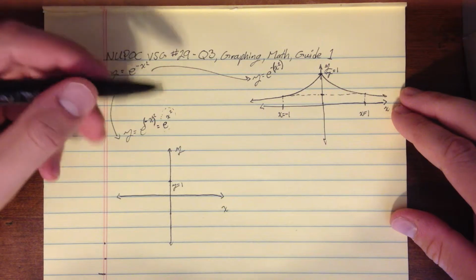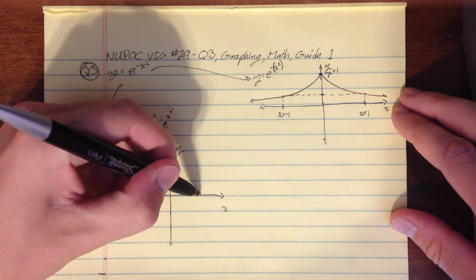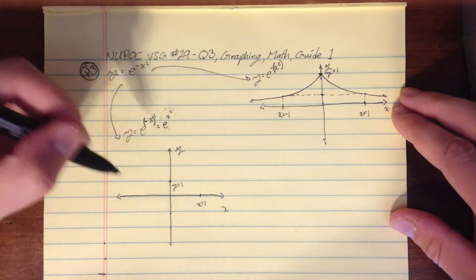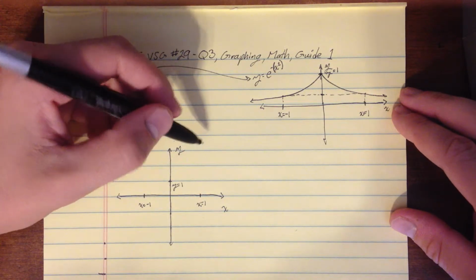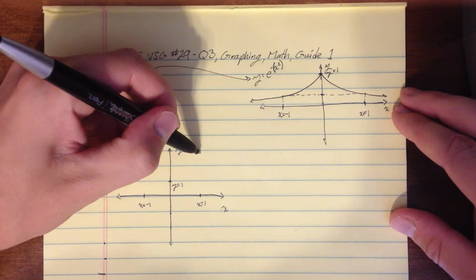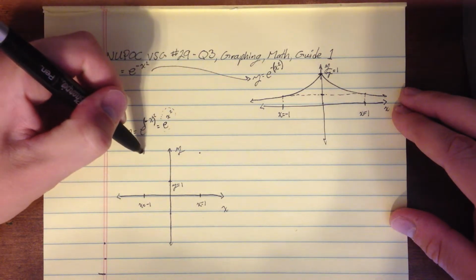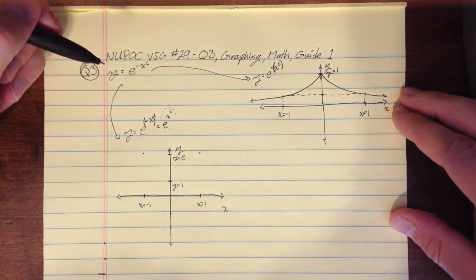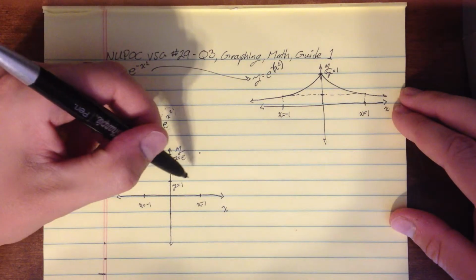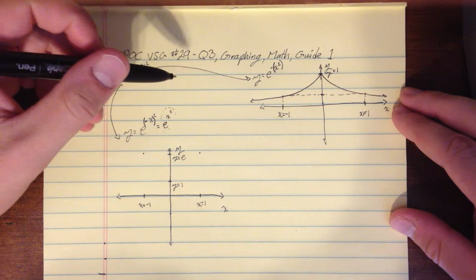And when we get to x equals 1, or x equals minus 1, we're going to be way up at e, so that's probably right about here, about y equals e.